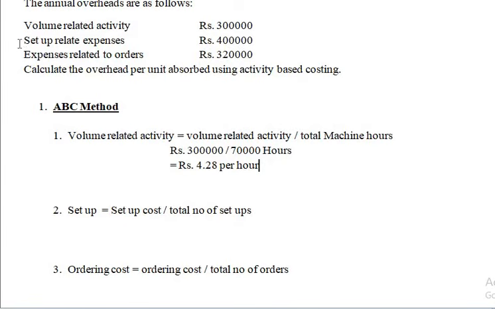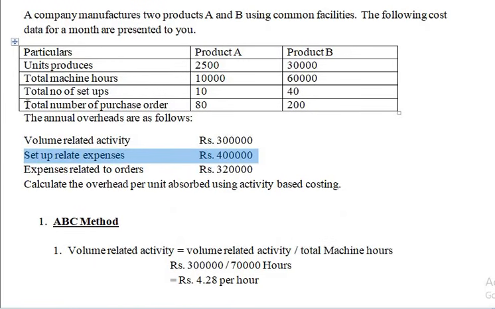And the next activity is setup related expenses. Setup related expenses are based on the total number of setups. The total number of setups for product A is 10 and for product B is 40. So the total setup is 10 plus 40, 50.